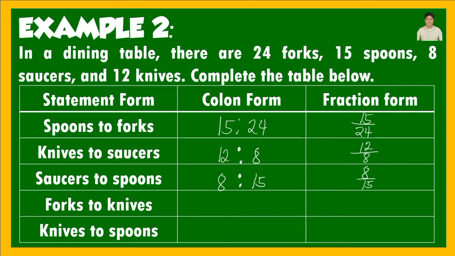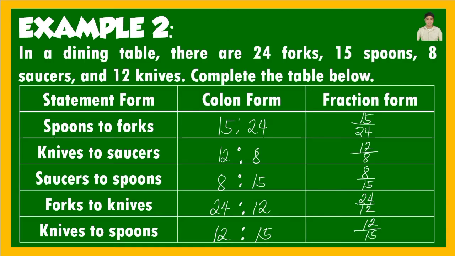Forks to knives. So 24 is to 12. So that is 24 over 12. Knives to spoons. So knives, we have 12. Spoons, 15.